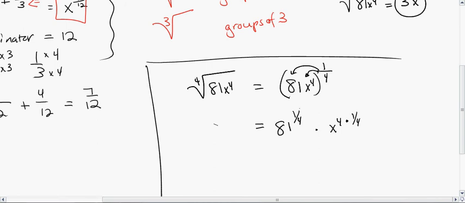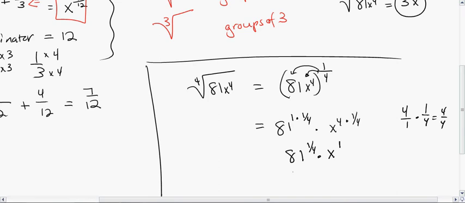Because you're multiplying it by both exponents. And then the x to the 4th times 1/4, so that would be 4 times 1/4. Let's see, 4 over 1 times 1 over 4 is 4 over 4, or just 1. So this becomes x to the 1st, and 81 to the 1/4 power.